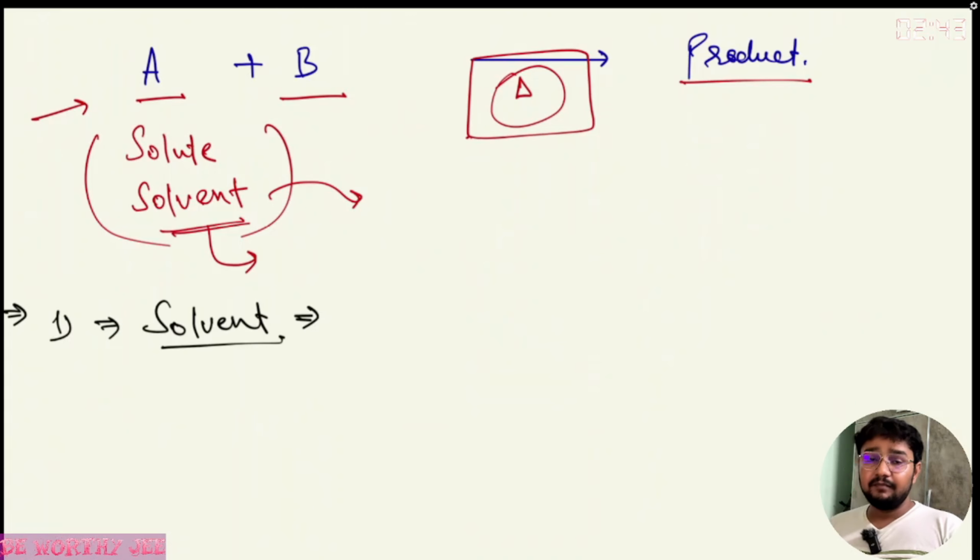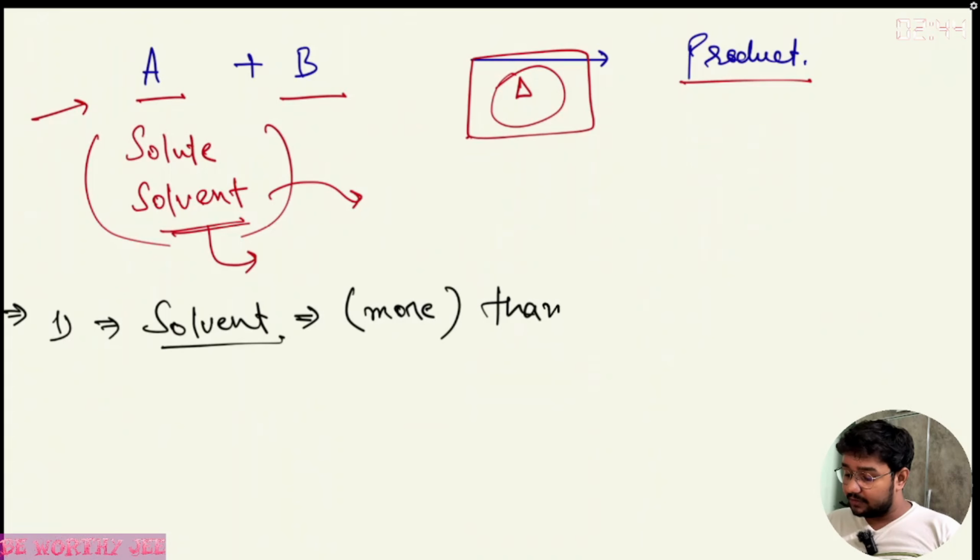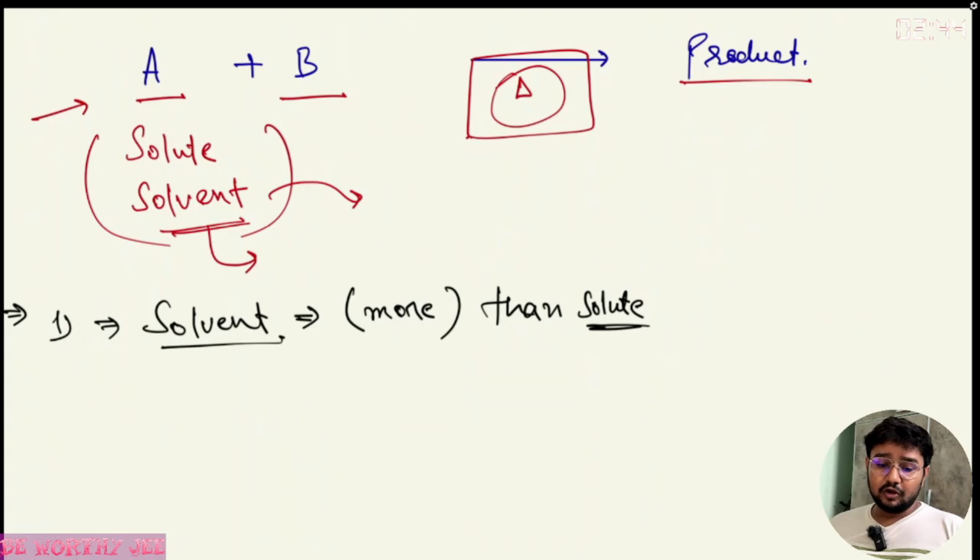So what are solvents? Basically, solvents are the medium in which a reaction occurs. Okay, and the solvent is probably or mostly more than the solute. When two reactions are occurring, then mostly the solvent is in greater amount. Solvents are of different types, but first we should understand the definition.